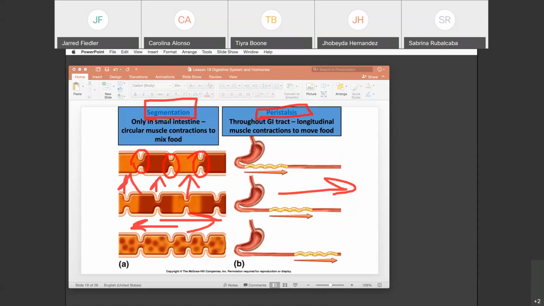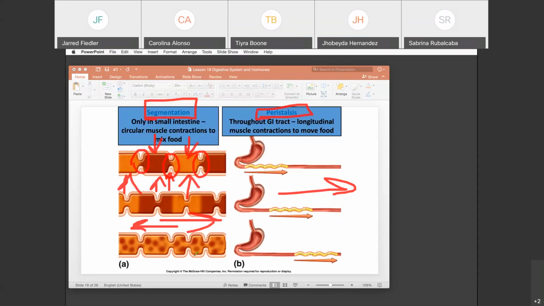So the segmentation contractions, remember, are mini circular contractions that happen towards the middle of each segment, and each segment is separated by this little kind of pinch. But it does move back and forth.